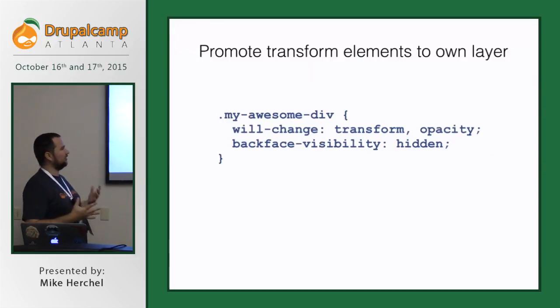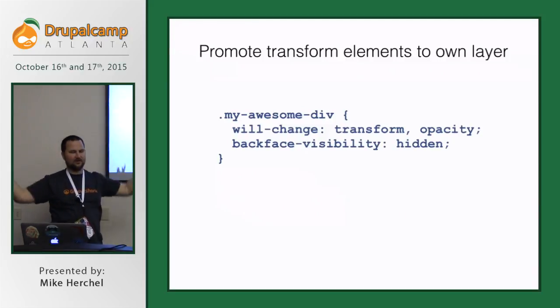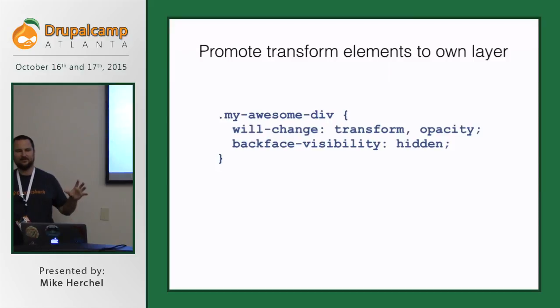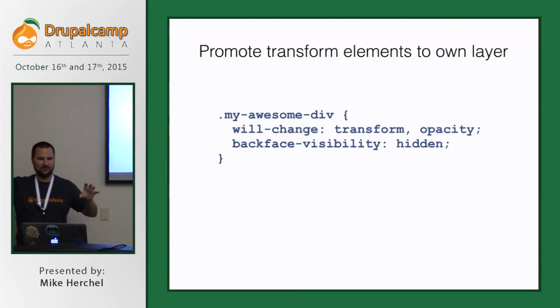When you are going to transform something, there are a couple of CSS properties that you can use to promote these items to their own layer. Has everybody here used Photoshop or something similar, where you have layers of graphics and you can drag one around on top of another, and it just works pretty well? It's a very similar concept.